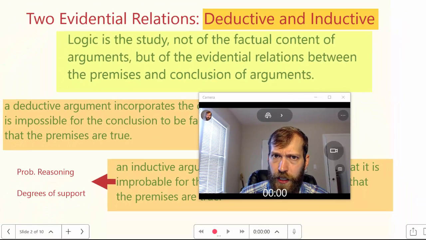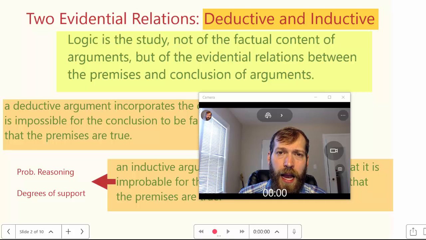So insofar as we are just going to be logicians in this class, we're typically not going to be concerned about whether premises are true or false. We'll see that there's going to be a little bit of exception to that, but generally speaking, we're not worried about that. We're going to be happy to let scientists tell us whether premises are true or false. We're going to be happy to let historians tell us that.